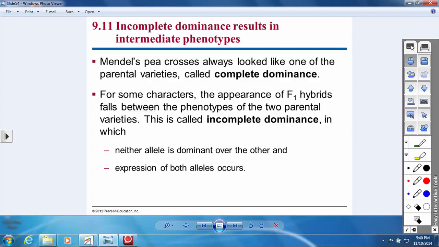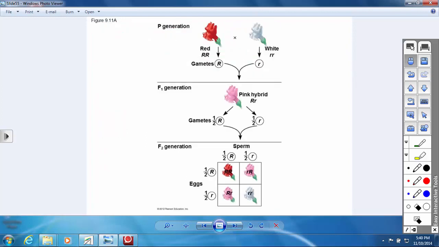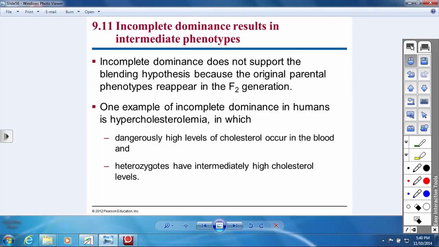So expression of both alleles occurs. And so red flower, white flower makes pink flowers, but then when you make two pink flowers, you get red, pink, and white. You get all three phenotypes. So this is a type of incomplete dominance where both are kind of expressed, and you get that blending look. So it's not surprising that they came up with that blending hypothesis.